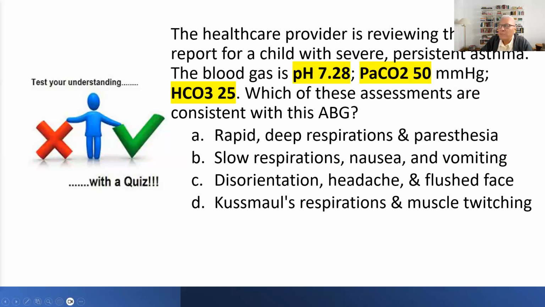All right, the healthcare provider is reviewing the ABG report for a child with severe persistent asthma. The blood gas is pH of 7.28, the PCO2 is 50, and the bicarb is 25.